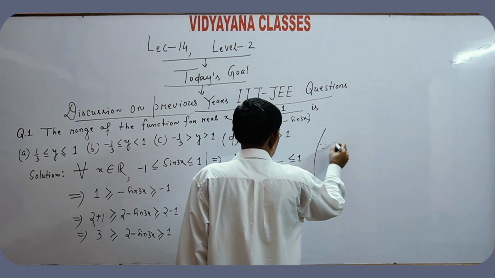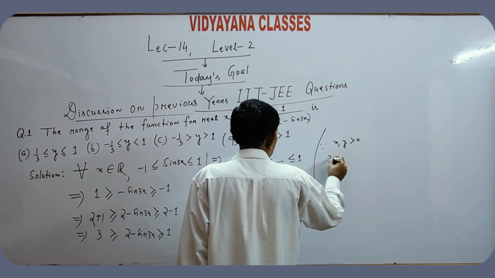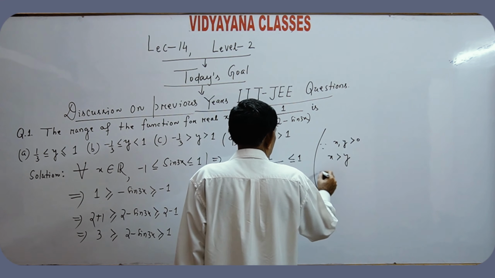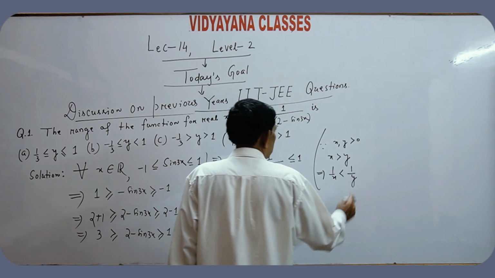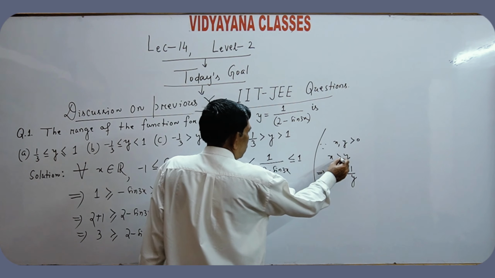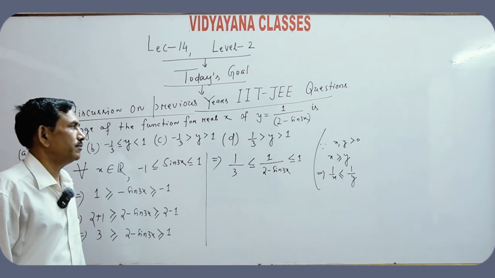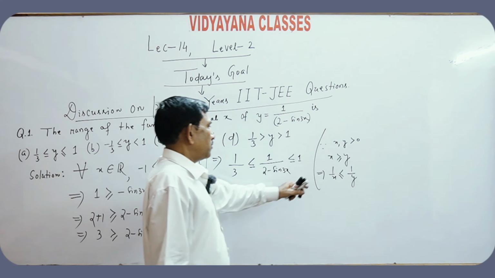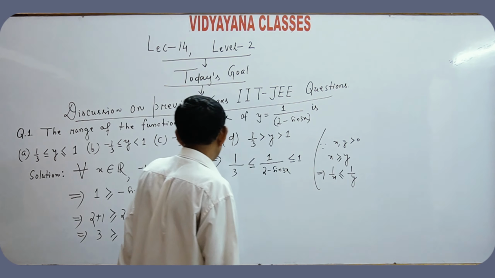Since xy is greater than 0, x greater than or equal to y implies 1 by x is less than or equal to 1 by y.